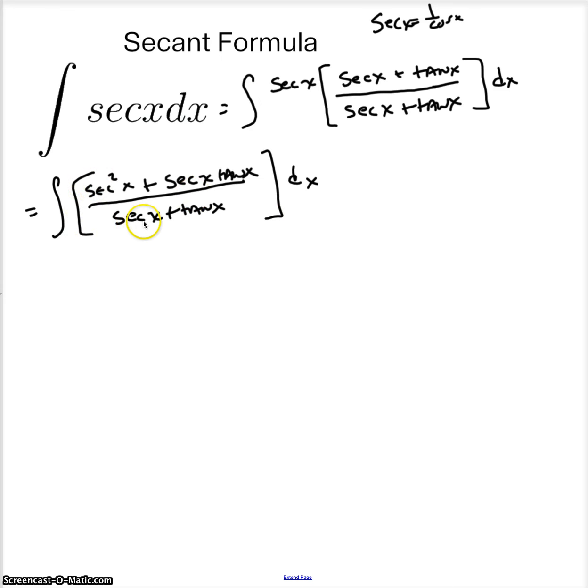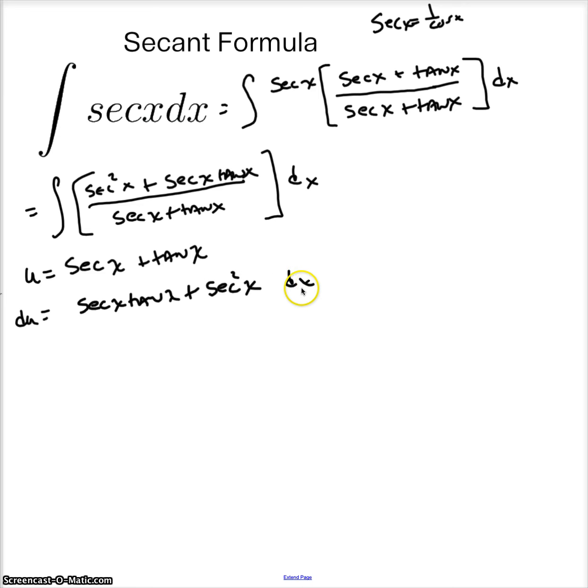Well, now I've got a denominator, so let me let u equal secant x plus tangent x. Now, what is du? Well, du then becomes, oh my goodness gracious, secant tangent plus secant squared.